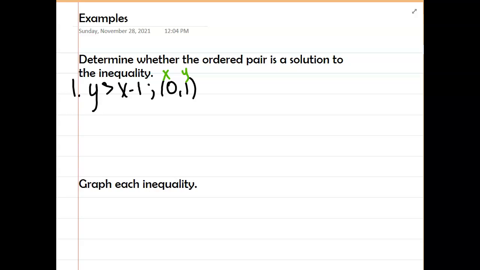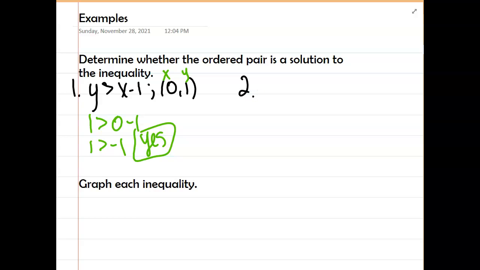Instead of y, we plug in 1 is greater than. Instead of x, we plug in 0. So is 1 greater than 0 minus 1? 0 minus 1 is negative 1, so is 1 greater than negative 1? Yes. So if you were to graph this, 0, 1 would be in the shaded area.